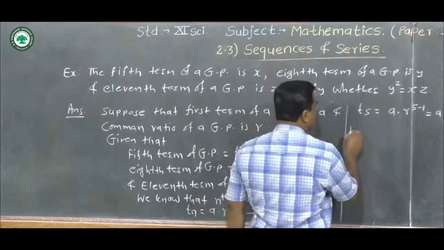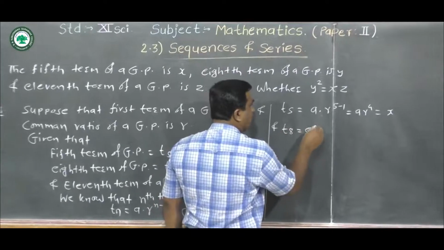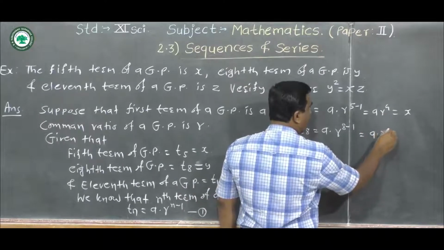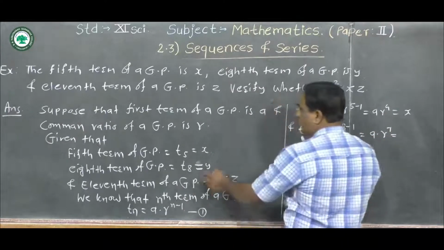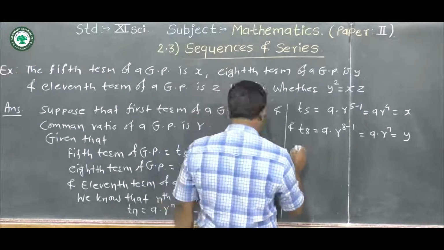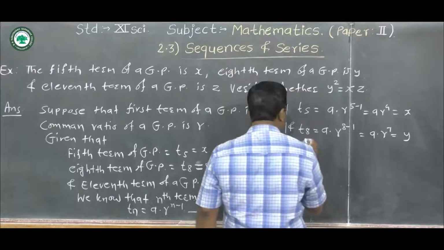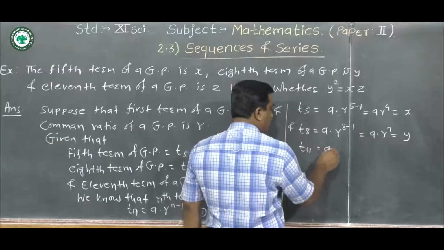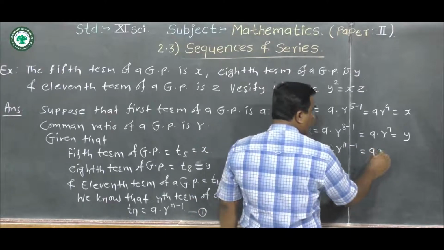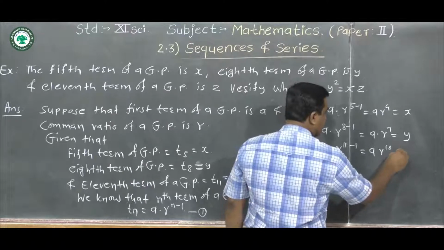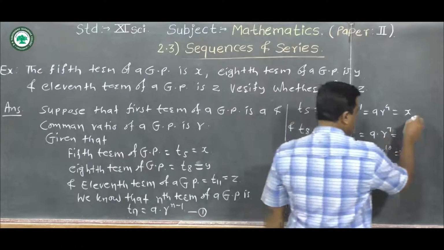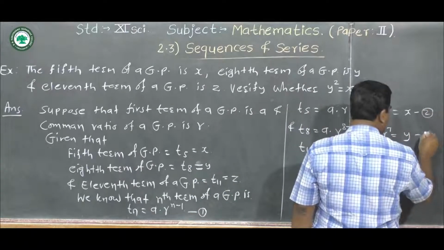Then T8 is equal to A into R raised to 8 minus 1, which is A into R raised to 7, and T8 is given as Y. Again for the 11th term, put n equal to 11, T11 is equal to A into R raised to 11 minus 1, which is A into R raised to 10, equal to Z. These are equations number second, third and fourth.